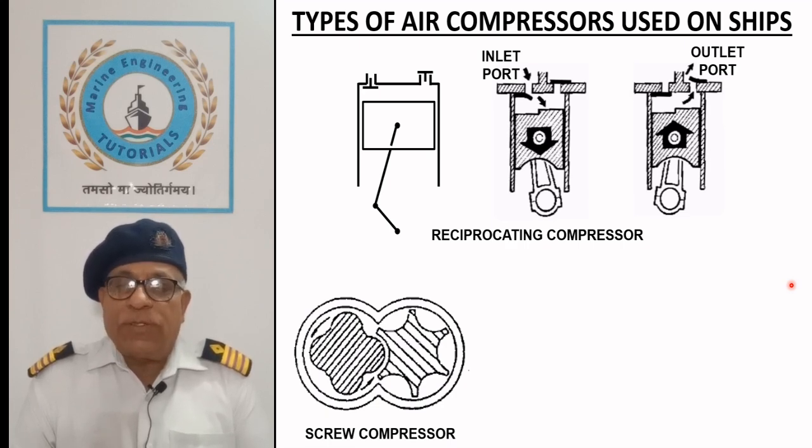LP and HP pistons may either have inline or tandem arrangement. Three-stage compressor in VV arrangement is used for high pressure application up to 300 bar for refilling air cylinders of self-contained breathing apparatus.